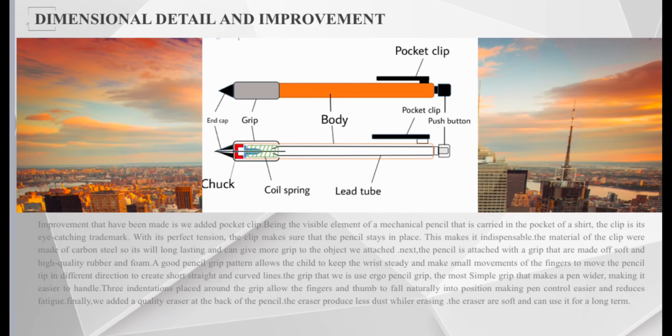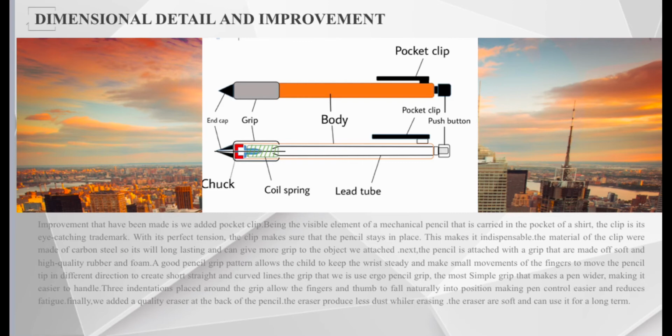The clip is made of carbon steel, so it will be long lasting and can give more grip to the object we attach. Next, the pencil is attached with a grip made of soft, high quality rubber and foam.